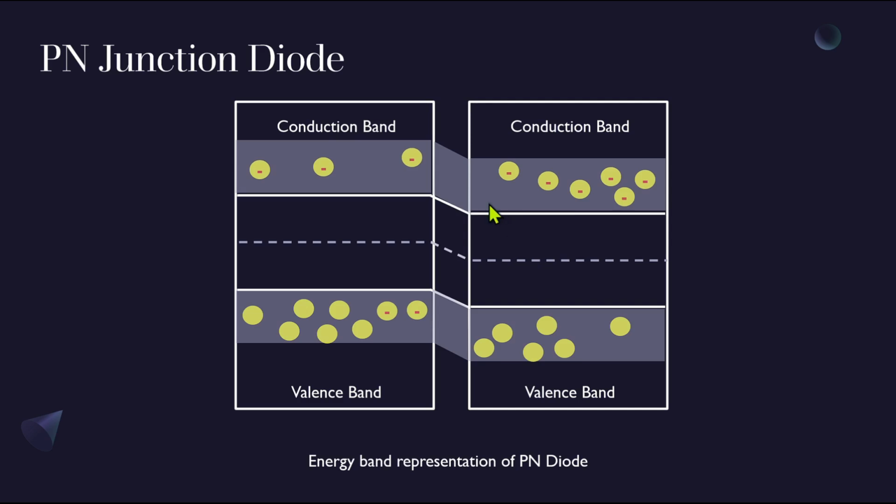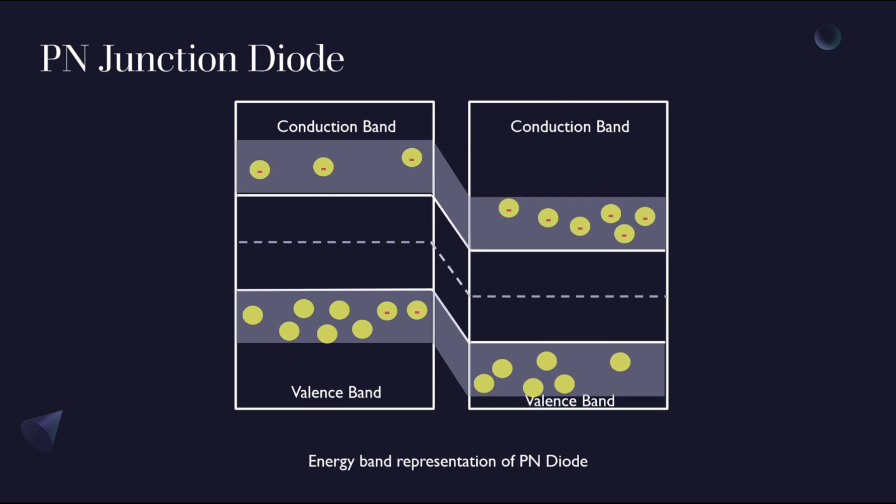In this energy level, the energy level will try to shift downward. As you can see here, after a certain period, the lower energy band of the P side and the conduction band of the N side will get to the same level, and similarly that will happen with respect to the valence band.